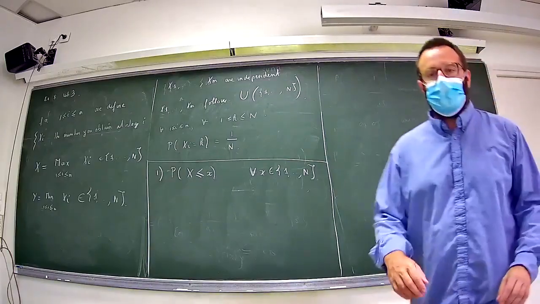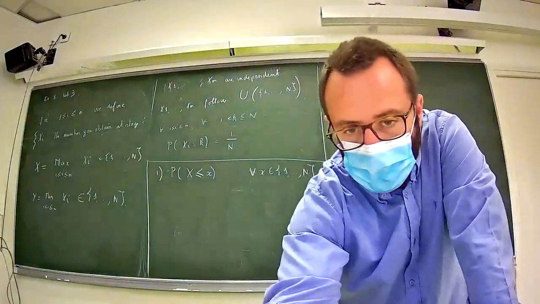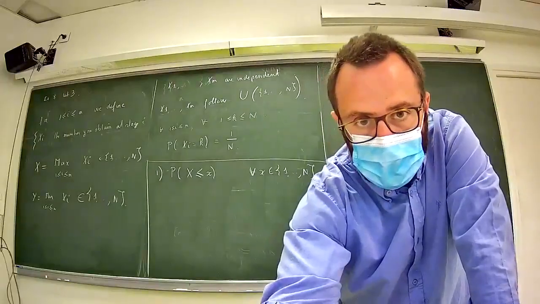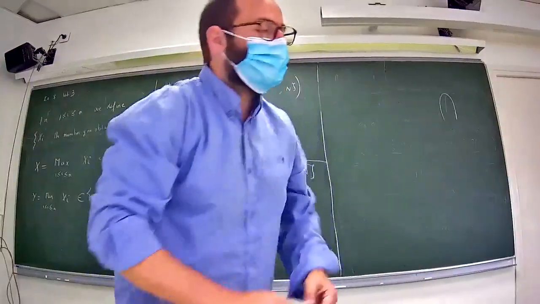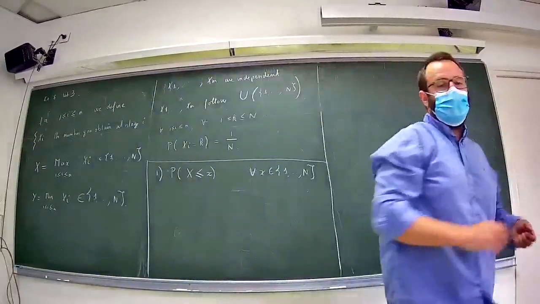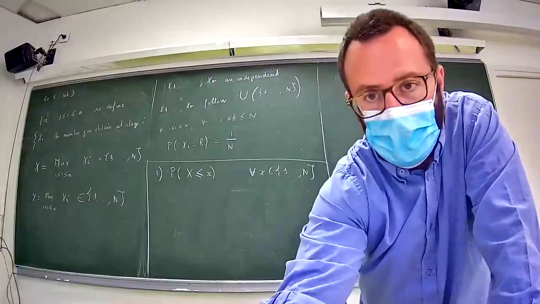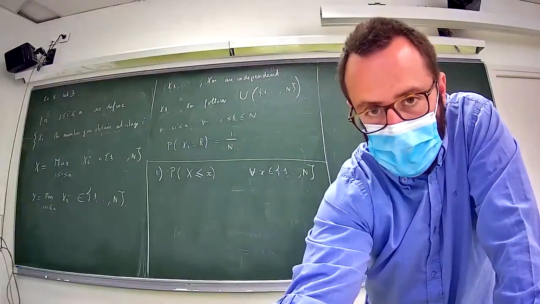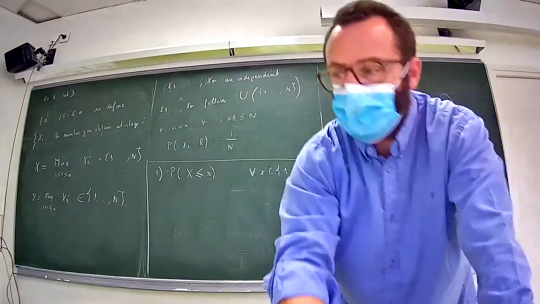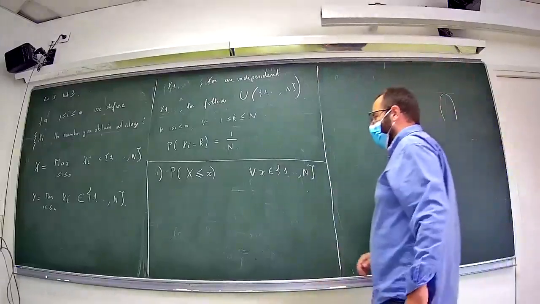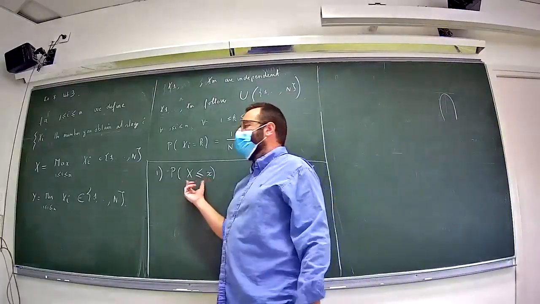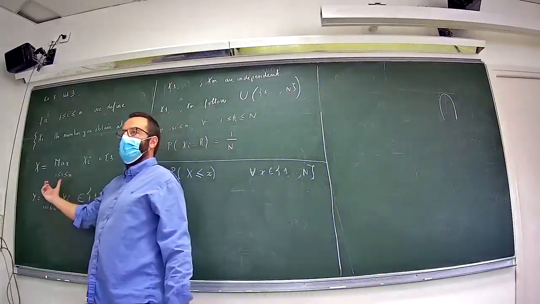To compute this one, I have the probability that the maximum is less than small x. And why is it easy to compute this one? Because I have the max here.